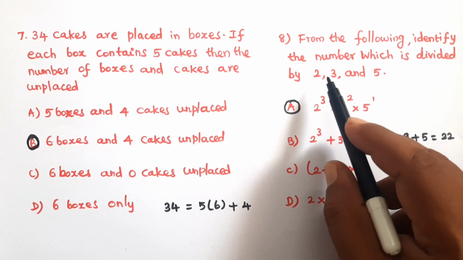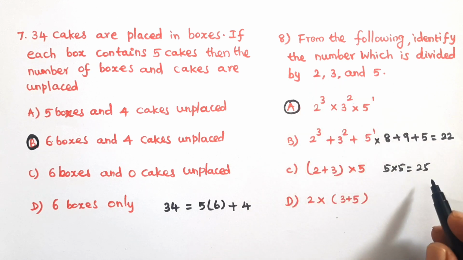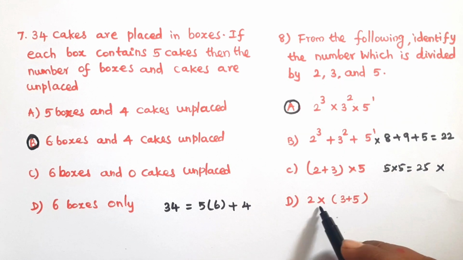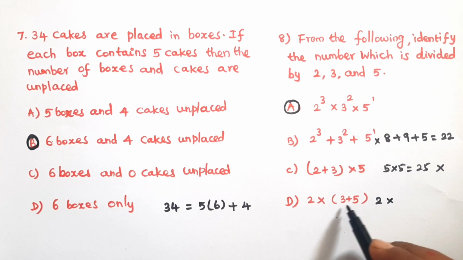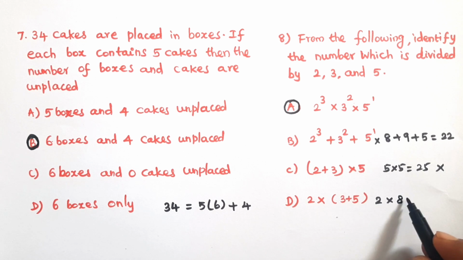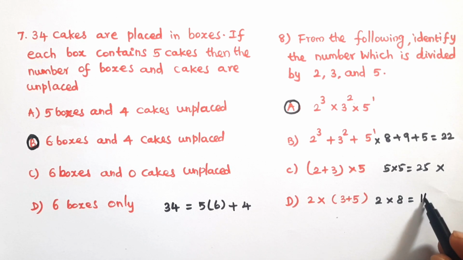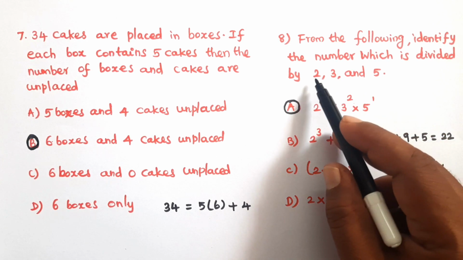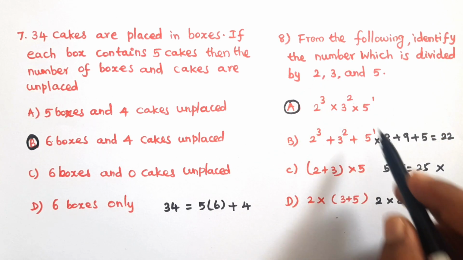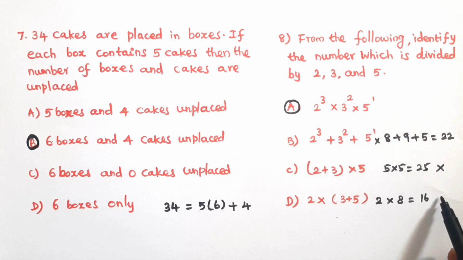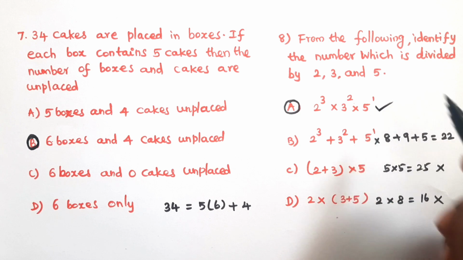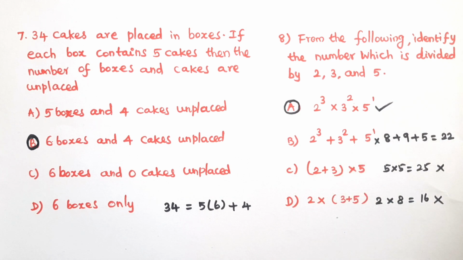It is not divisible by 2 and 3, so this option is also not correct. 2 into 3 plus 5 into 8, so we get 16, which is divisible by 2 only, not by 3 and 5, so this option is also not correct. So option A is the correct option for this sum.